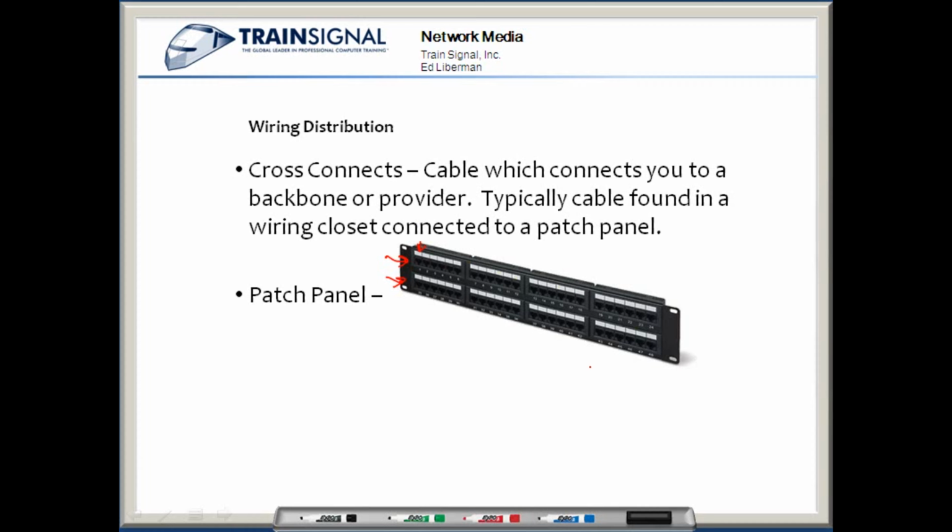You really want to have them labeled so that when you are trying to figure out what's connected to what out in your office, you don't have to run all sorts of cable testing, or the old-fashioned way of having somebody over somewhere else while you're plugging in and unplugging and asking, is the light going on? Is the light going off? You don't want to worry about all that, so you should label it. But anyway, what you can't see, on the back side of the patch panel, is a place where you will commonly find wires that are going off to the backbone or to the provider. And those are the cables that are typically referred to as your cross connects.